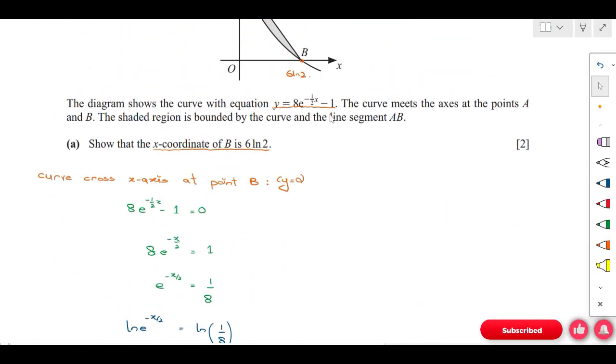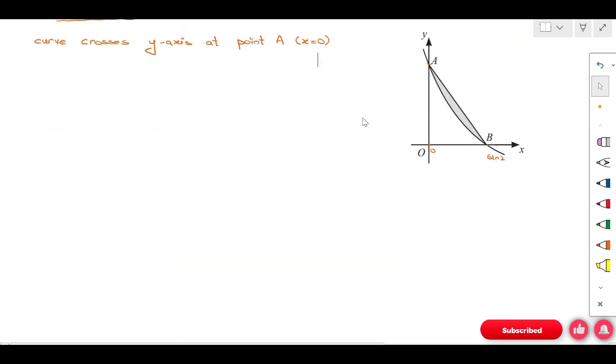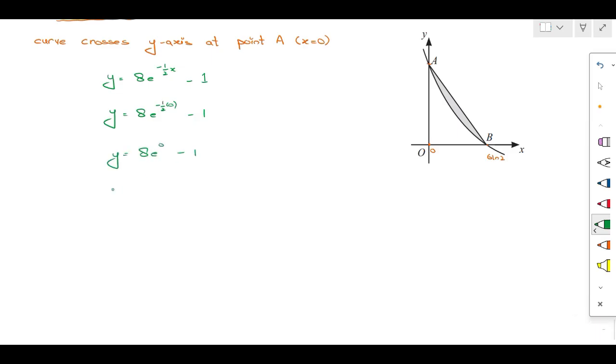Go back to the curve: y equals 8 e power minus 1 by 2 x minus 1. When you put x equals 0, y equals 8 e power 0 minus 1, and e power 0 is 1, so y equals 7. It means the coordinates of A: x coordinate is 0 and y coordinate is 7.